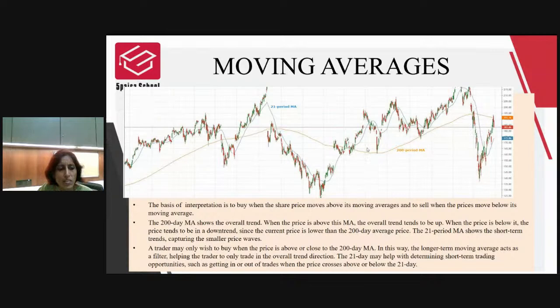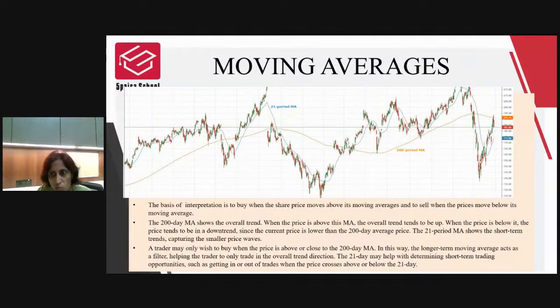The 200-day moving average shows the overall trend of the market, and when the price is above this moving average, the overall trend tends to be up. As you can see, prices are over and above this particular moving average. It indicates that the overall trend is an upward trending market.